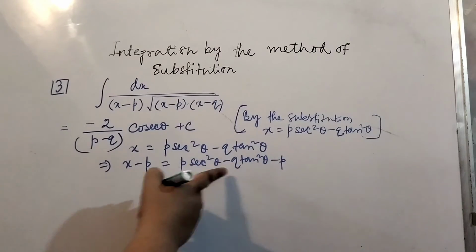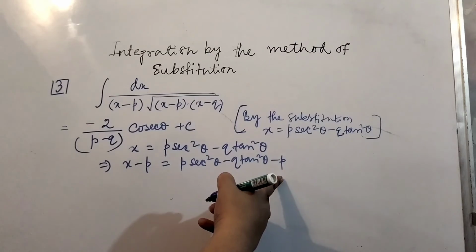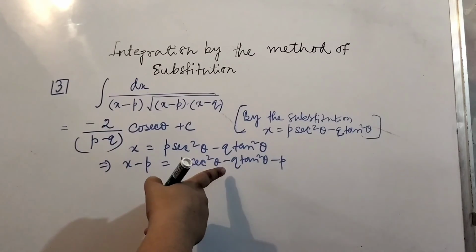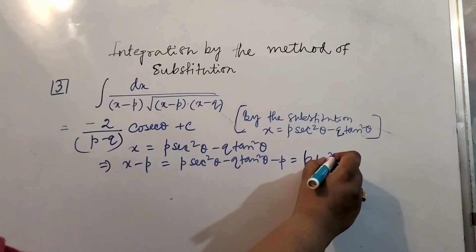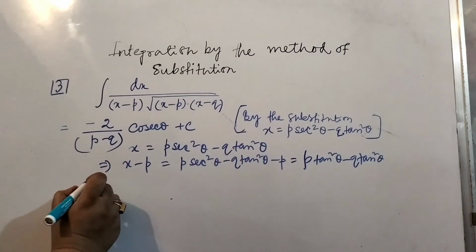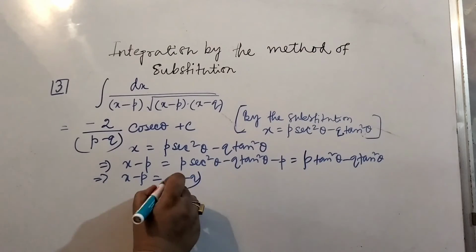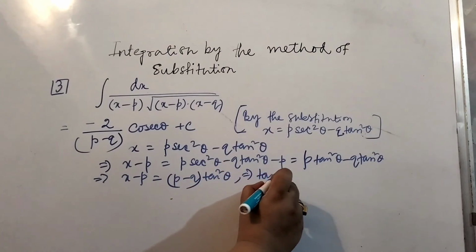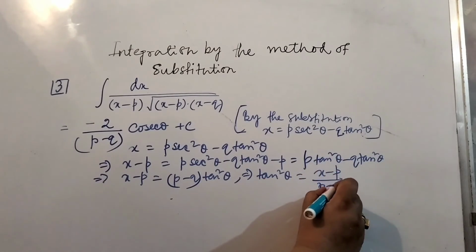Now if we take p in common, then we are going to get p into sec squared theta minus 1, right? And that can be written as tan squared theta. So p into tan squared theta minus q into tan squared theta. So x minus p is equals to p minus q into tan squared theta. That means tan squared theta is equal to x minus p by p minus q.